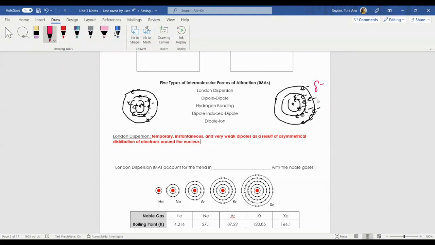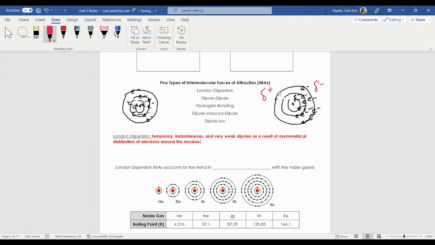Therefore, this side of the atom will have a partial negative charge, whereas this side of the atom has a partial positive charge. And therefore, we create this polar species for a very brief moment in time. And that can attract other nearby atoms or molecules.